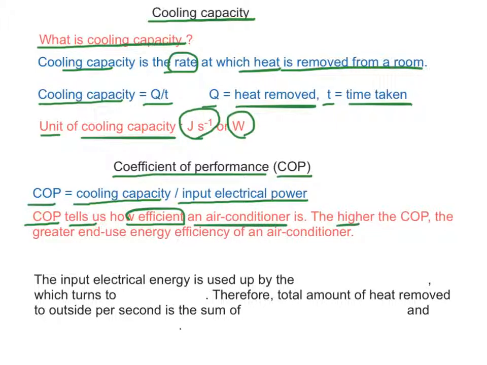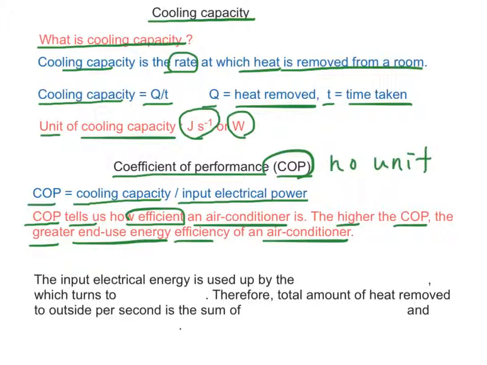The higher the COP, the greater the end-use energy efficiency of an air conditioner. Notice that COP has no unit because cooling capacity and input electrical power have the same unit, watt.